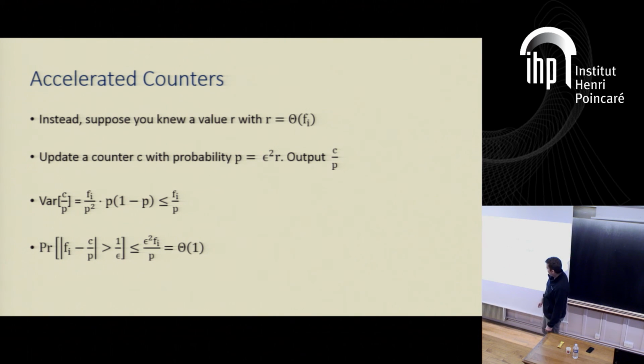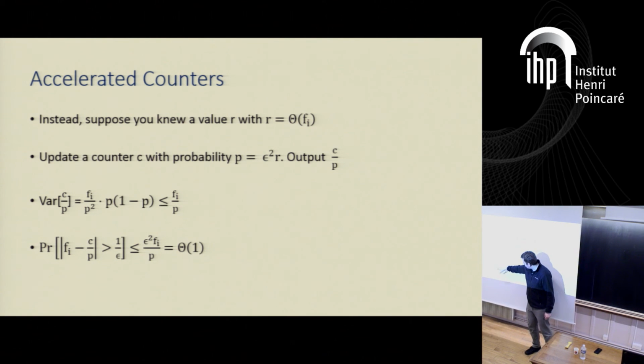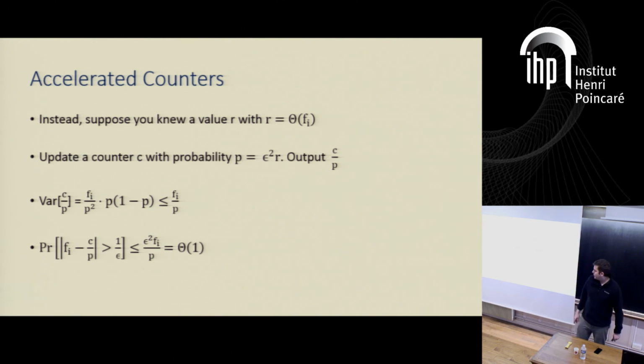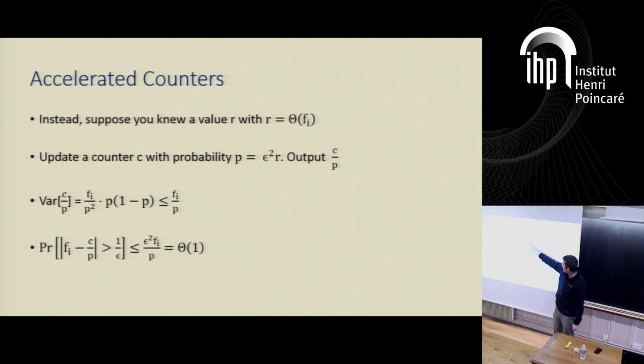By Chebyshev's inequality, it's the variance of f_i over p divided by 1 over epsilon squared, so I get epsilon squared here. But now look at this probability. It actually depends on the frequency, f_i. Right? Like we're accelerating the counter.